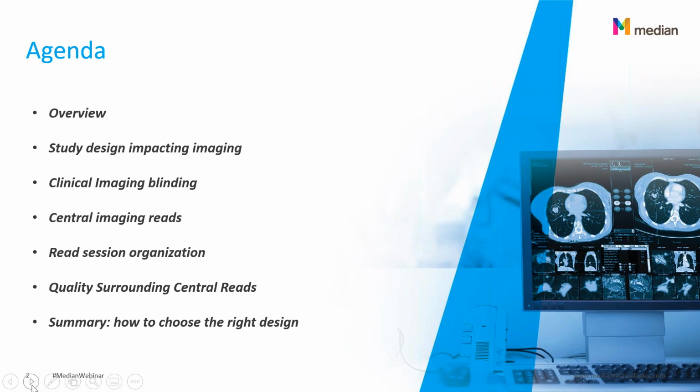We will detail the central imaging reviews and the different types as well as workflows, the read session organization and how images get presented to the independent readers. We will also detail how quality is ensured surrounding the central reads and the processes as well that we can put in place to promote quality and integrity. Lastly, we will summarize factors on how to choose the right design for your trial.